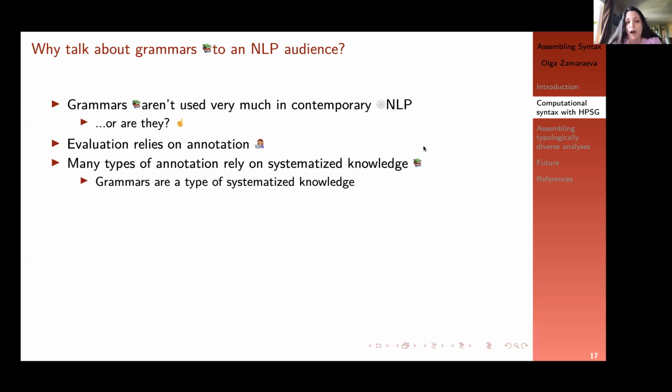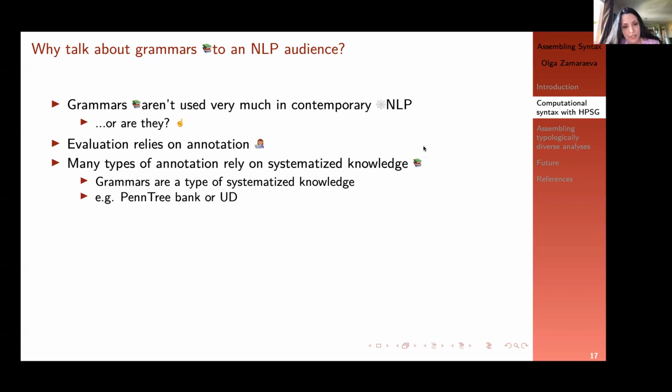Grammars are one of the kinds of such systematized knowledge, and even something like the Penn Treebank or the Universal Dependencies project, they aren't grammars in the same sense that I use the term, in terms of the amount of insight that I believe these frameworks are capable of giving us into human language faculties.